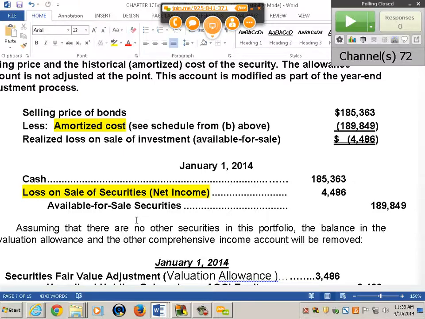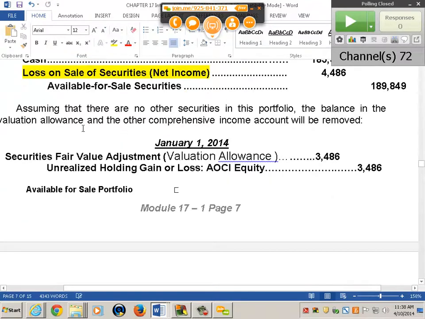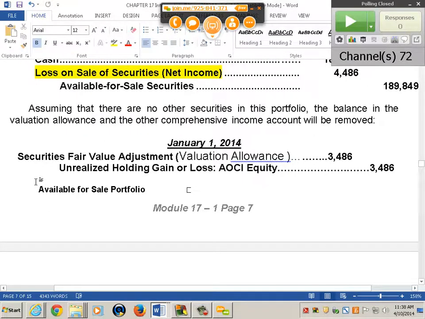So we've got a balance of 3486 in the valuation allowance. You have nothing left in the portfolio, and the available for sale requires that you have comprehensive income, and in this case, you would simply write off the entire amount, whatever's left.